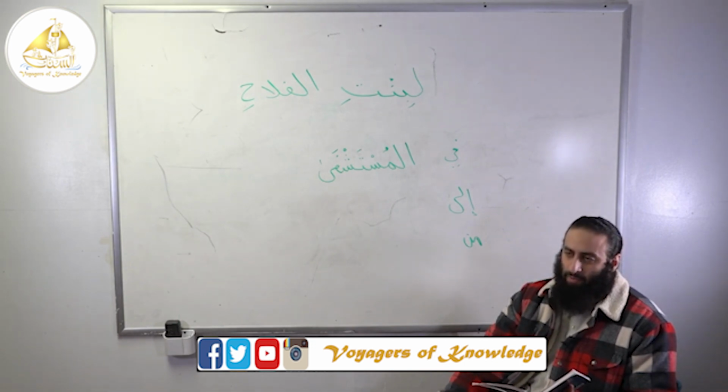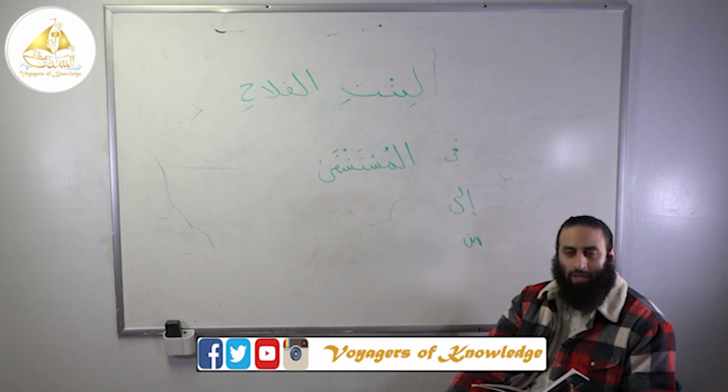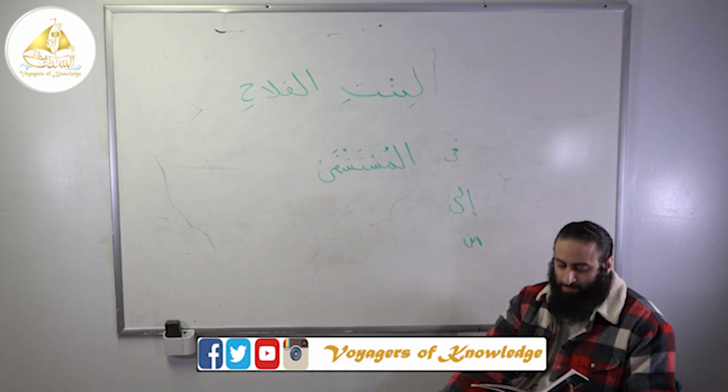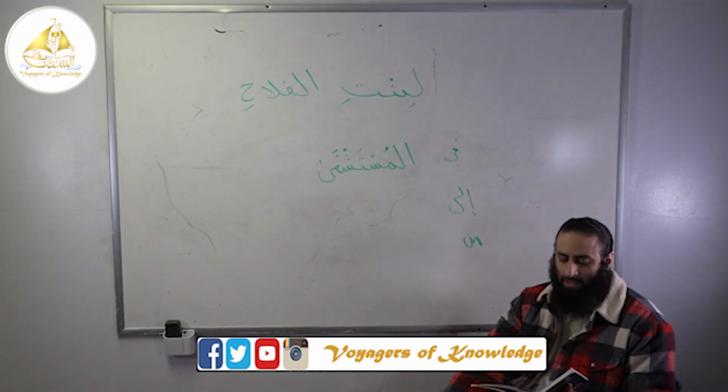Number 4, السؤال الرابع. ذهب عبد الله من ألمانيا إلى إنكلترا. Alright? ذهب عبد الله. عبد الله went from Almania to England. إلى إنكلترا.